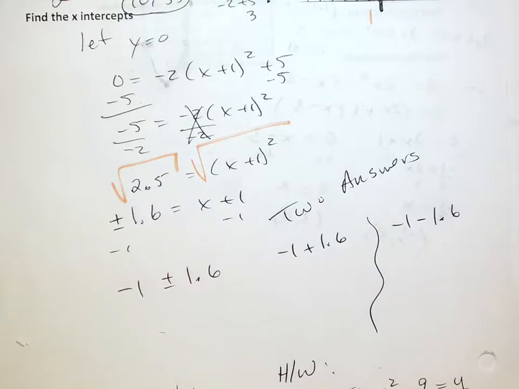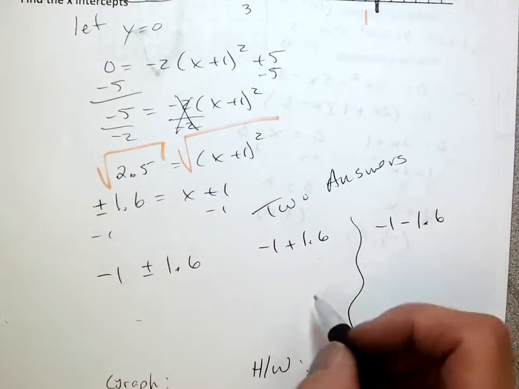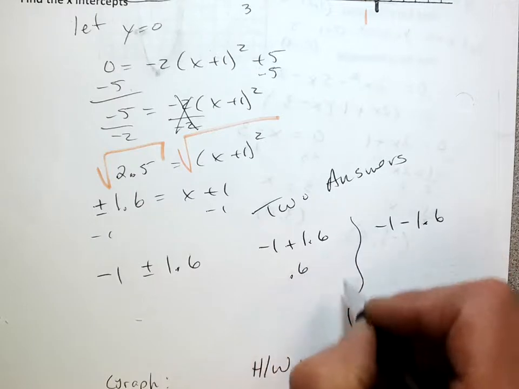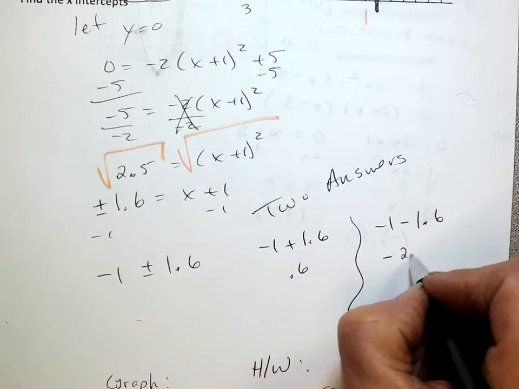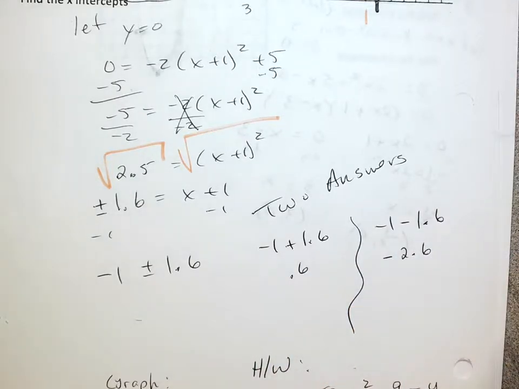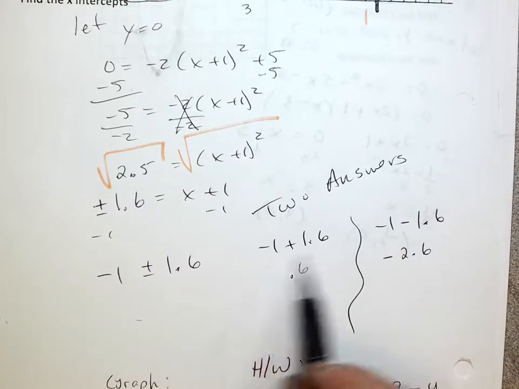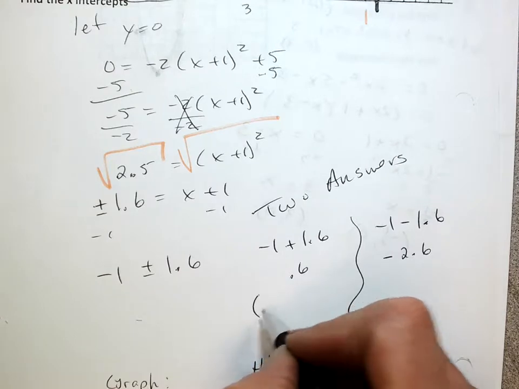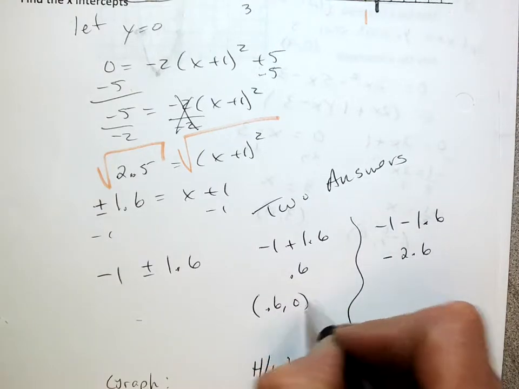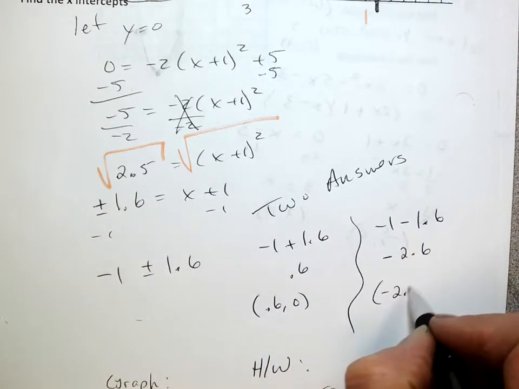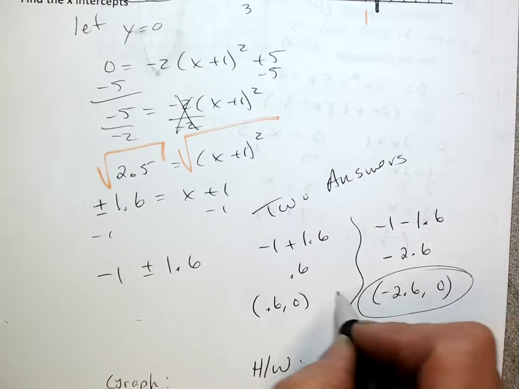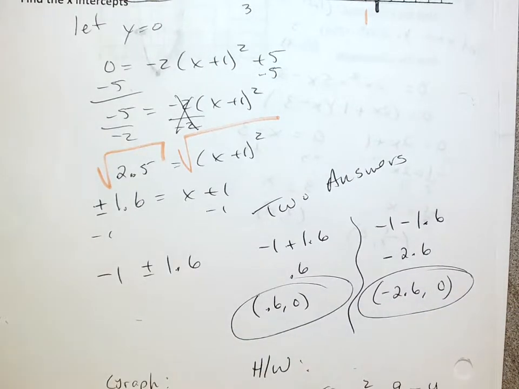See the plus or minus to get my two answers? So one answer is 0.6. The other answer is negative 2.6. And those are points, so they'd be coordinates. One coordinate would be 0.6, 0, and the other is negative 2.6, 0. And there's my x-intercepts.